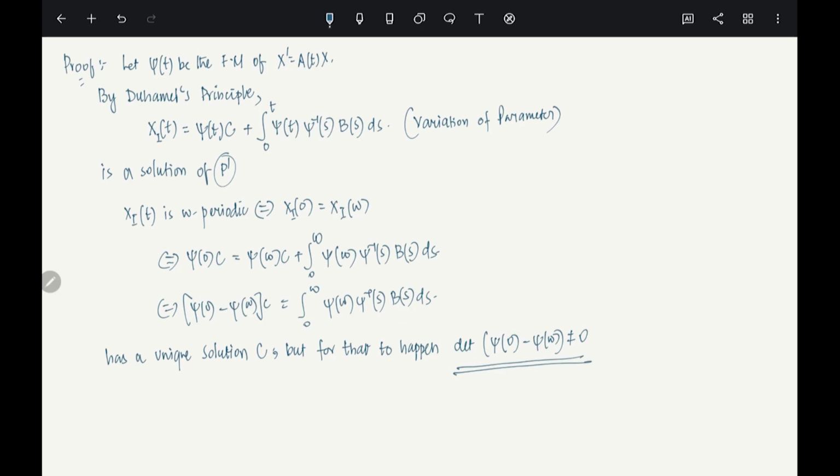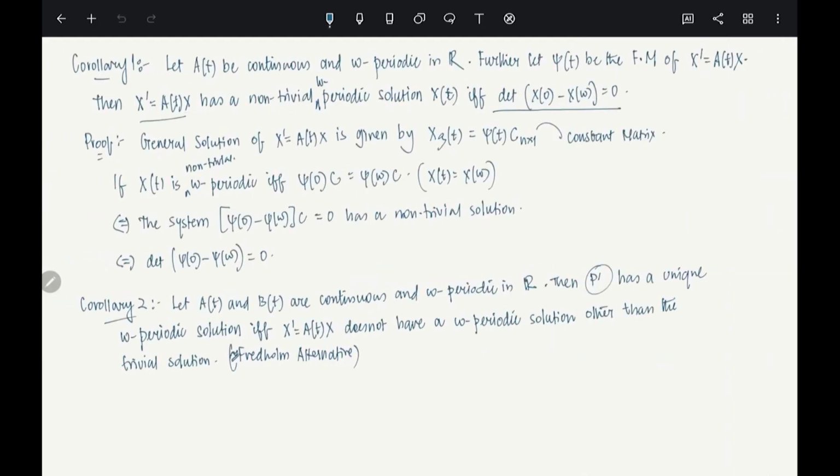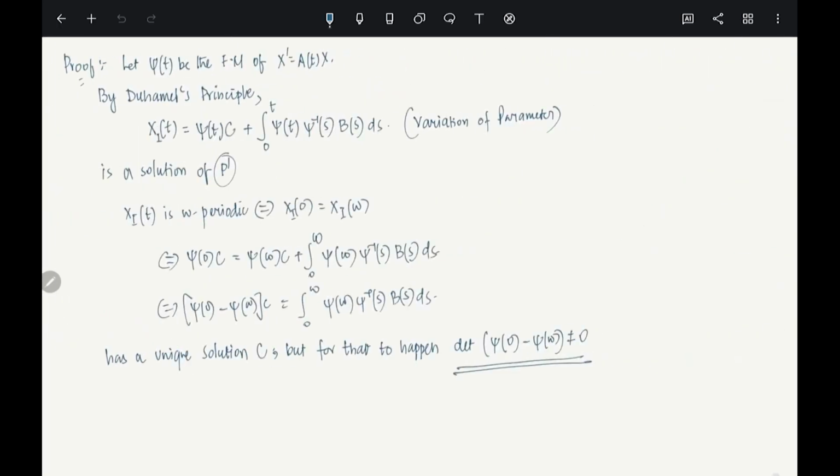Since this is non-zero, the homogeneous equation doesn't have a non-trivial W periodic solution. So this is an if and only if condition. So x prime equals A(t) times x does not have a W periodic solution. Basically, if P prime has a unique W periodic solution, then the determinant of psi 0 minus psi of W has to be non-zero. I think this is quite clear here.